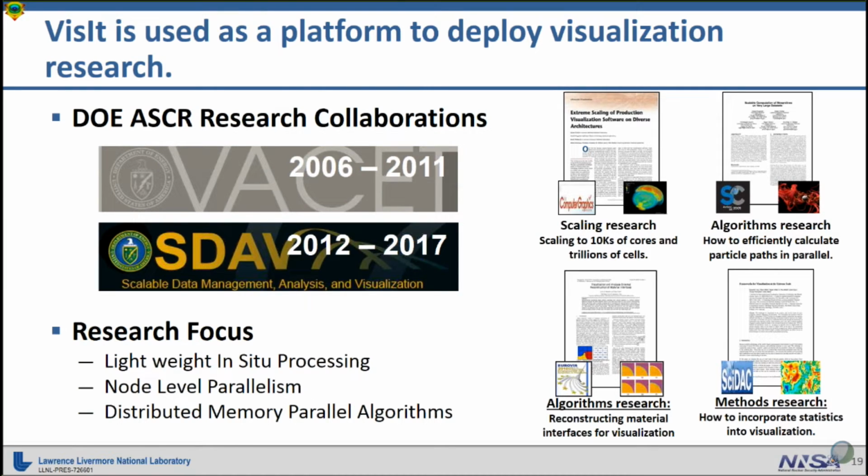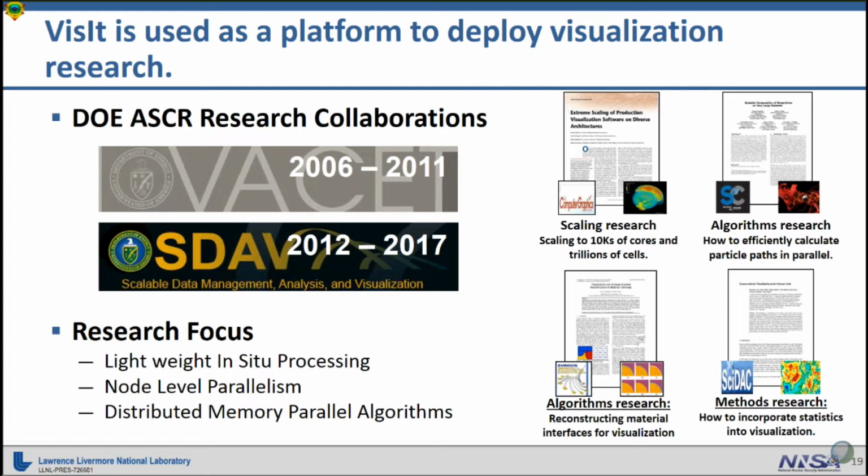Visit's been used to deploy a lot of research. As I mentioned earlier, it was part of the Office of Science VASIT Institute as well as the SDAV Institute, and during that time, a lot of research was put into Visit. Current research efforts include lightweight in situ processing. What I described just a moment ago on the previous slide, that in situ technique, is what I would call heavyweight, so it uses a fair amount of resources from your compute resource.